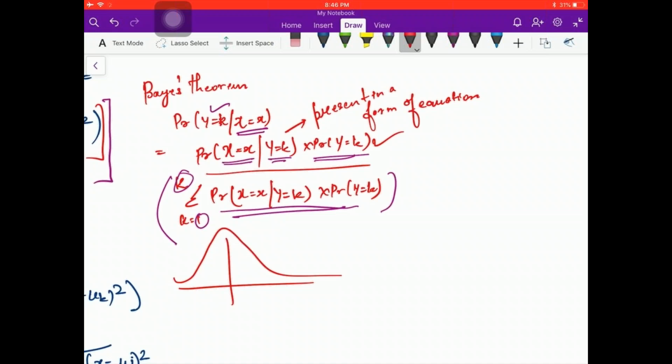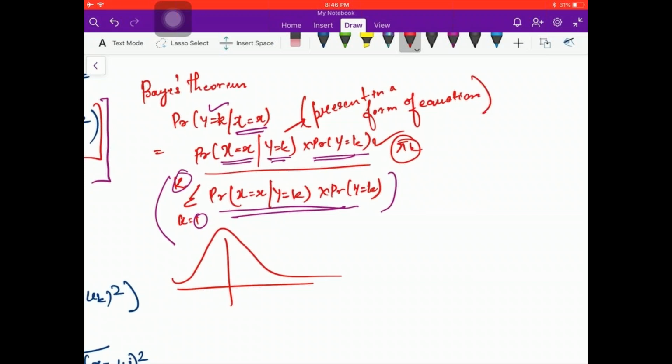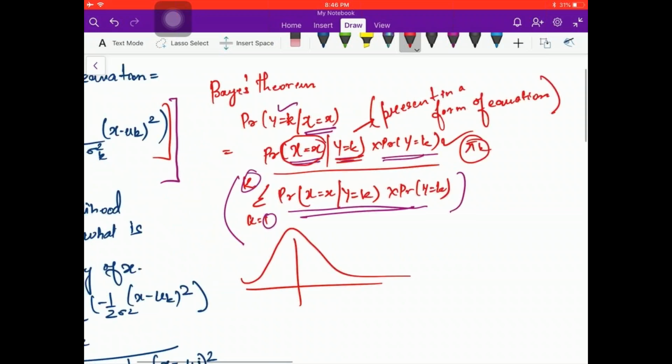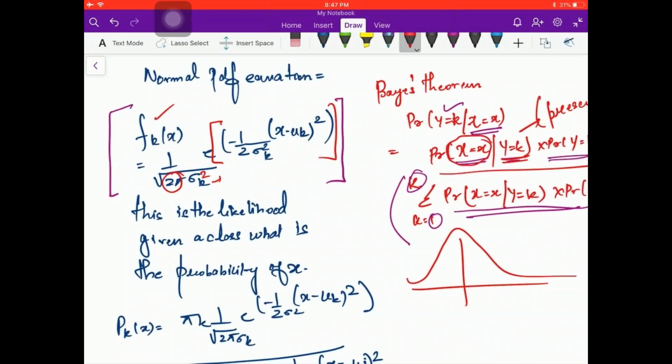We just say this is pi k. Pi k is just a symbolic representation, no science behind it. This we are presenting in the form of an equation. So basically what we are saying, inside a class given y equal to k, my x will follow a normal distribution, and the probability associated will be an output of this equation.